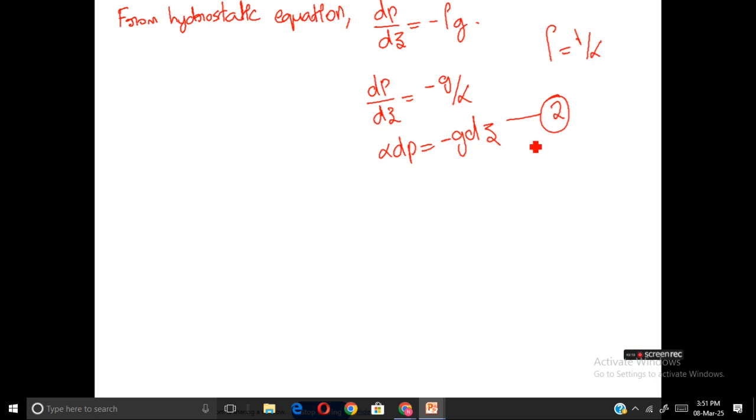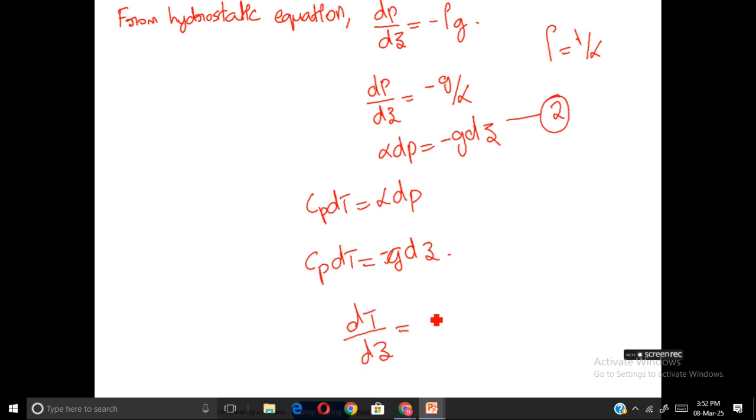So from these two we can write Cp dT is equal to minus g dz, and dT by dz is equal to minus g by Cp.